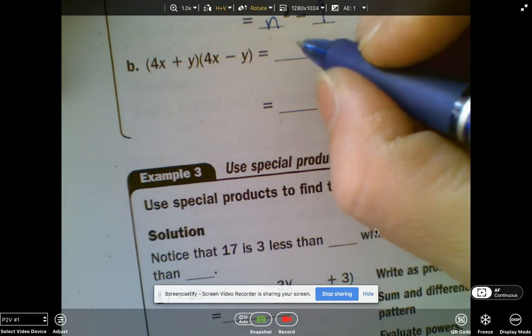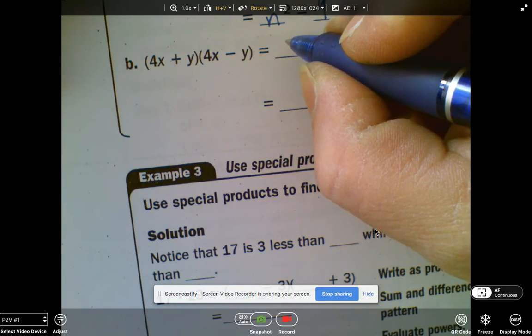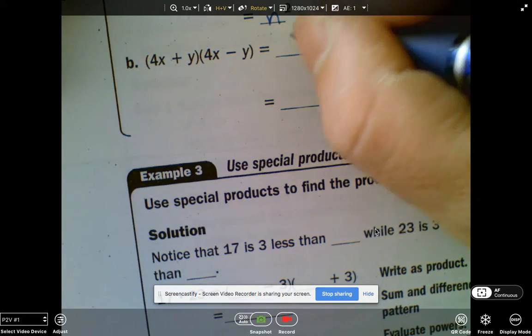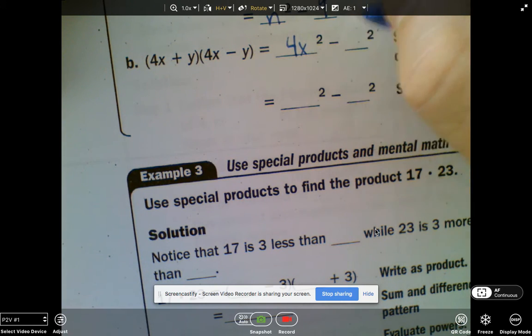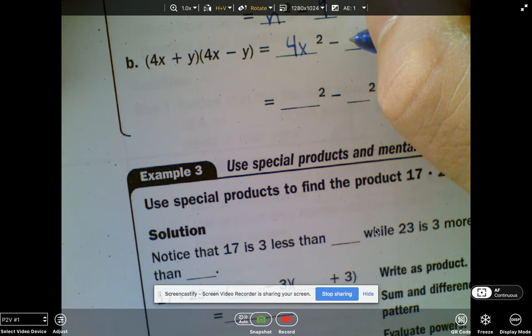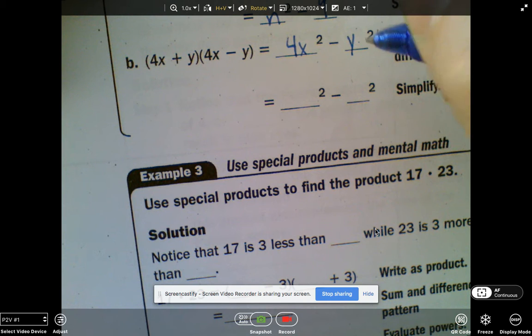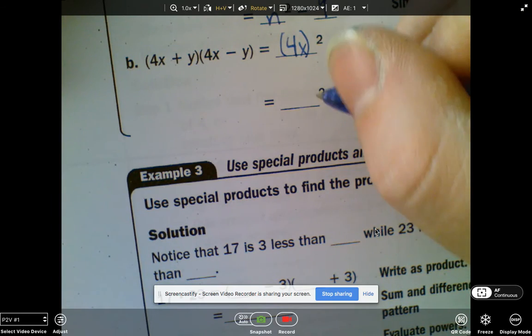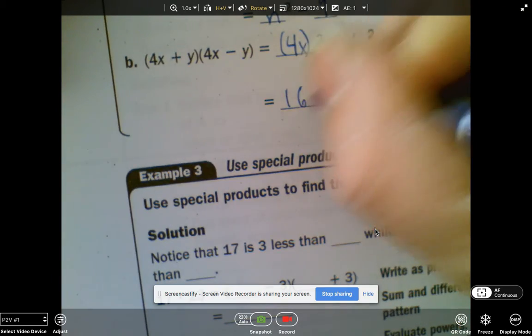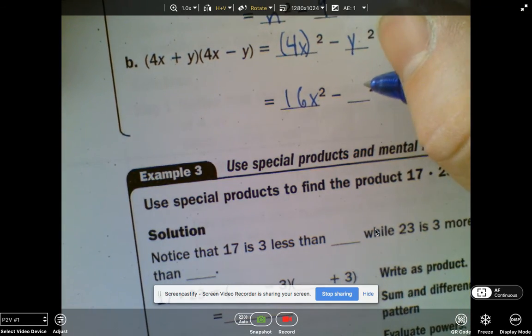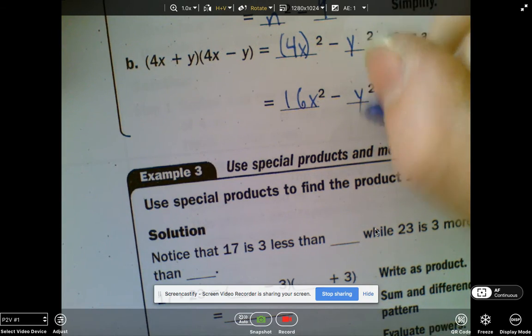So you get 4x squared minus y squared, sorry, that should be in parentheses. So this will give you 16x squared minus just y squared.